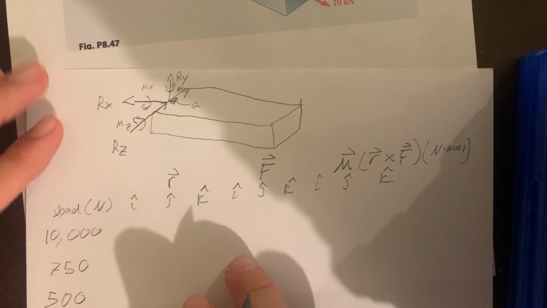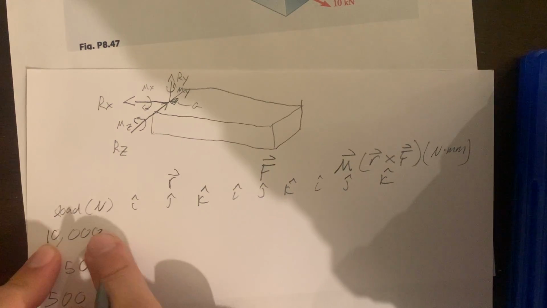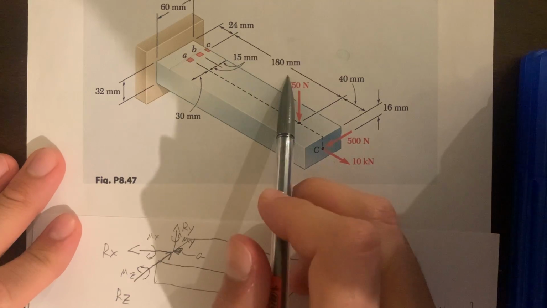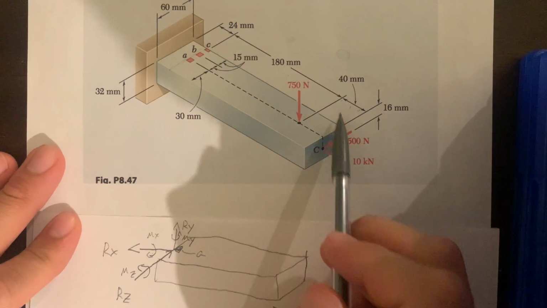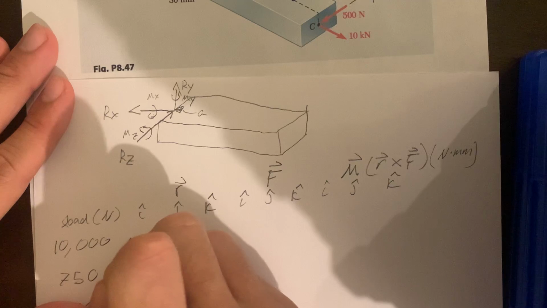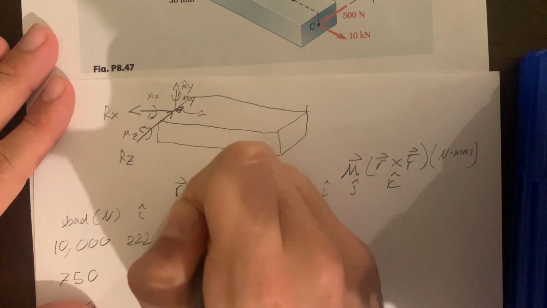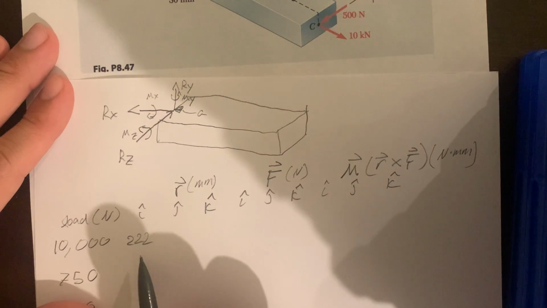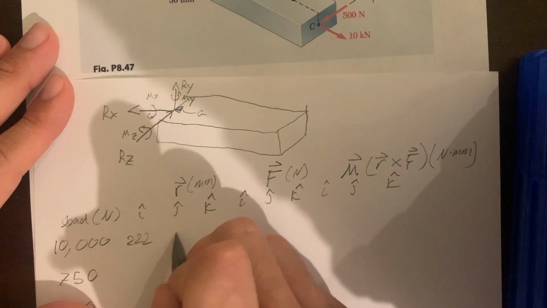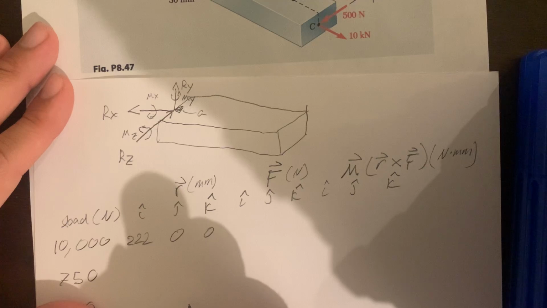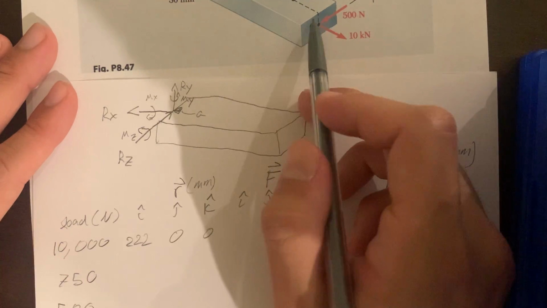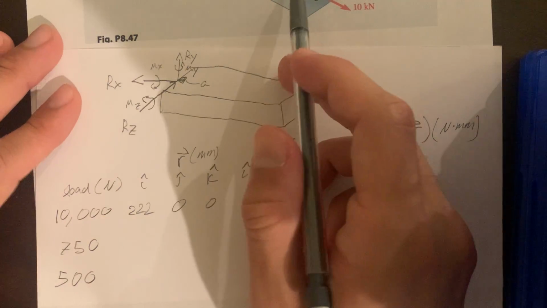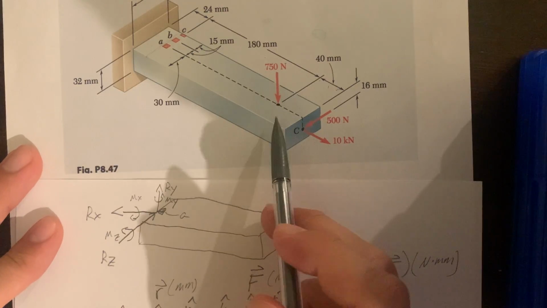Now we'll just go down the list and do this. So the 10,000 in the X direction is going to be 180 millimeters plus the 40 millimeters, so 220 millimeters. This is newtons. 220 millimeters in the X, 0 in the Y, 0 in the K, just because it is on the line of action. And then 750 is going to be this force over here.